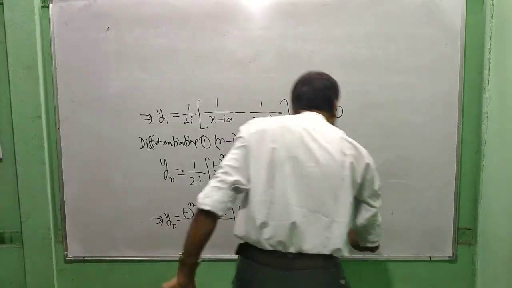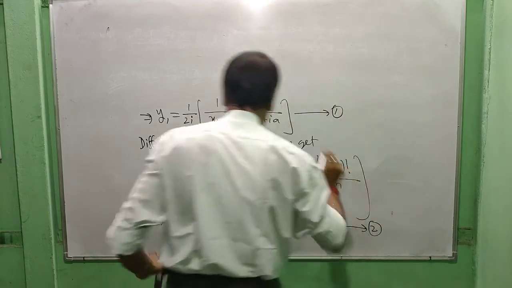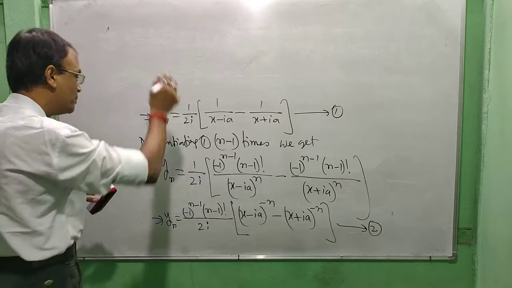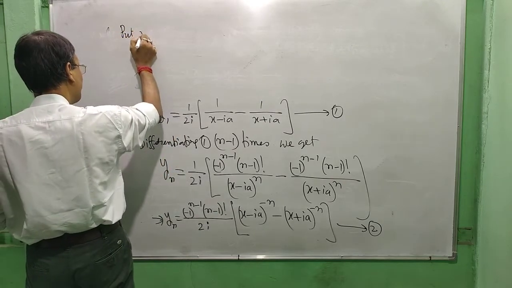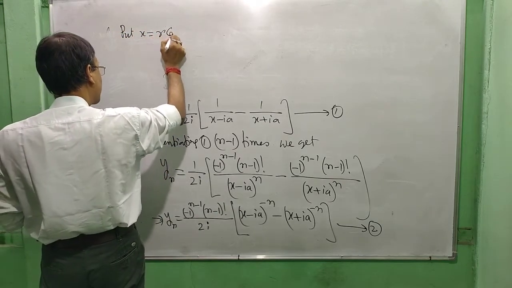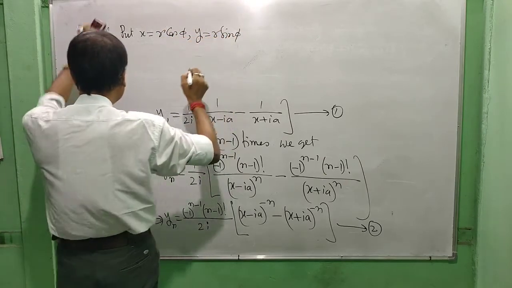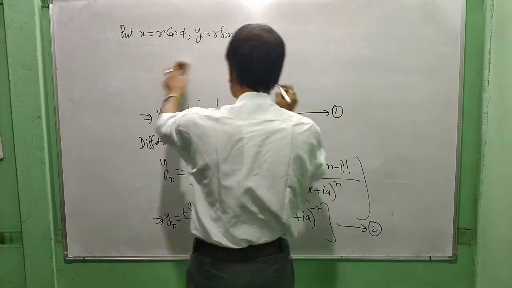Suppose this is number 2. Put x equal to r cos phi, y equal to r sin phi.